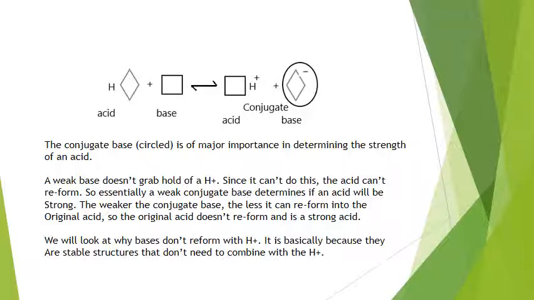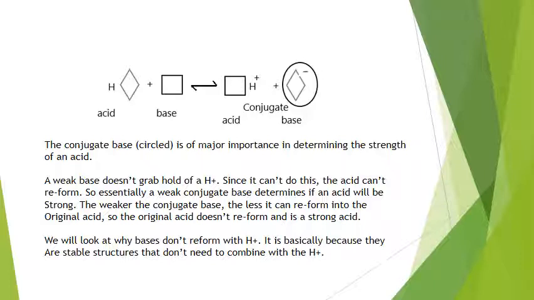So if the original acid is going to be a strong acid, then the conjugate base has to be weak. That means it's not going to be able to grab hold of that H plus that well.